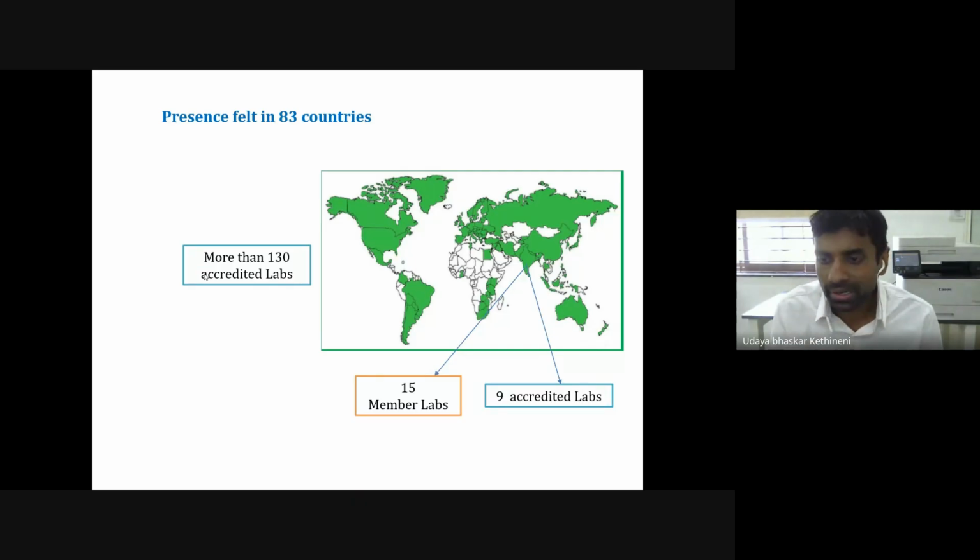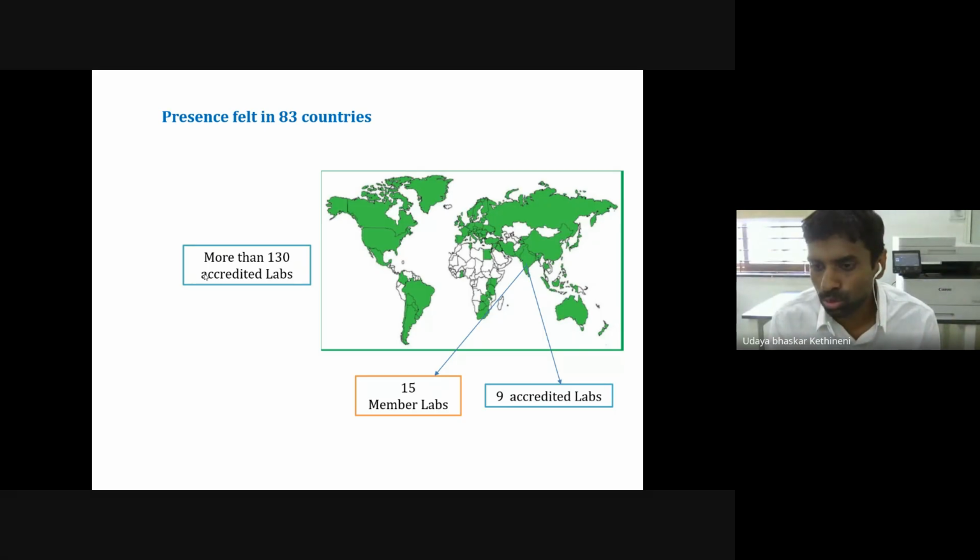With respect to accredited labs in India, we have 9 accredited labs. The recent one might be this one, East West and Advanta sites. Out of these 9 accredited labs, 7 are from the private sector and 2 are from government, and the 2 are, one is the Tamil Nadu State Seed Certification Lab, and the other one is the Telangana State Seed and Organic Certification Agency Lab.